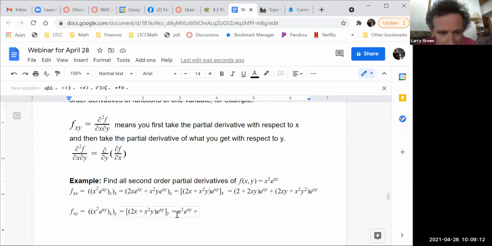So we get a x cubed, we get a 2x squared plus x cubed y e to the xy.